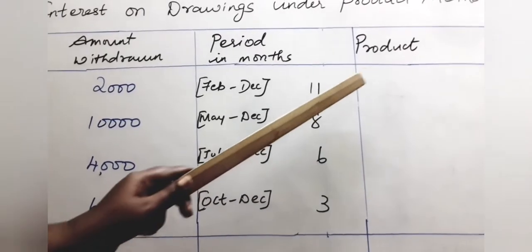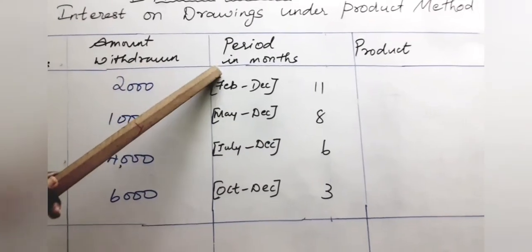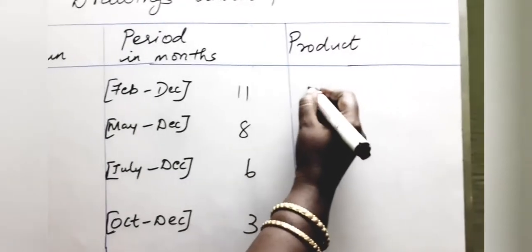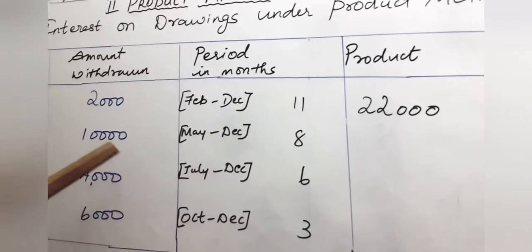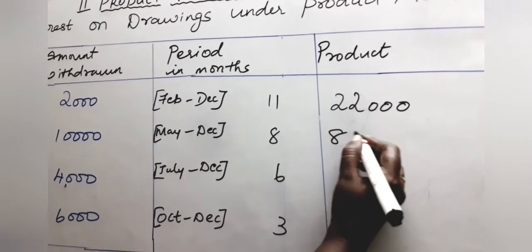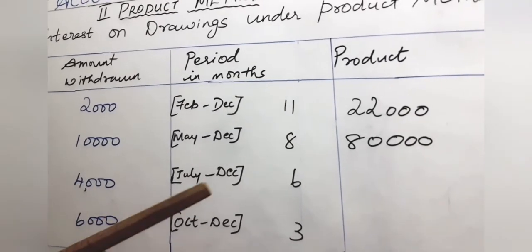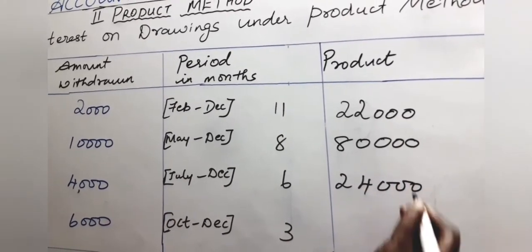Now you want to find the product. So for product what will you do? Amount withdrawn into period. That means 2000 into 11. So how much are you getting? 22,000. Okay. Next 10,000 into 8, so you get 80,000. Next 4,000 into 6, so you get 24,000.